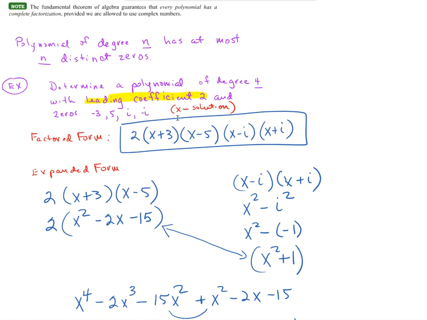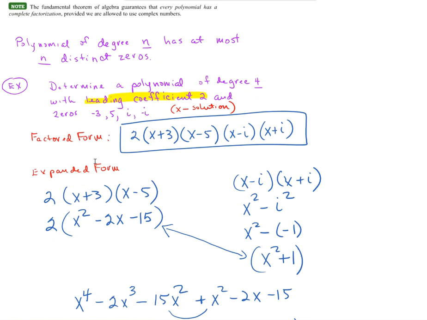Remember that when you do a factor, we want to put it into x minus the zero or the solution. So here I've put 2 as the leading coefficient, and then x minus a -3 is x plus 3. Then we have x minus 5, x minus i, and x plus i. So that is the factored form of that polynomial.